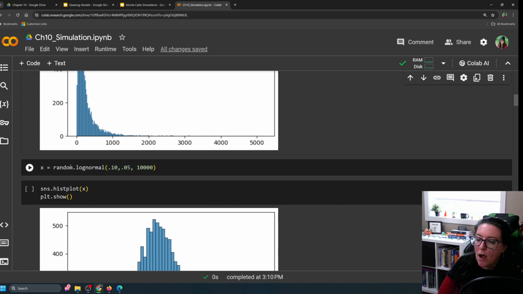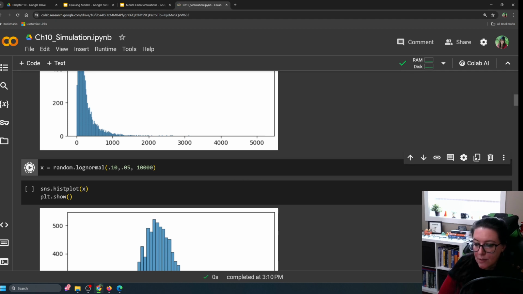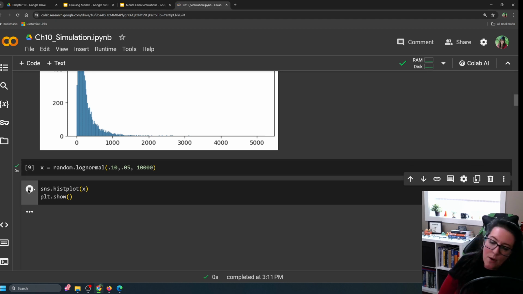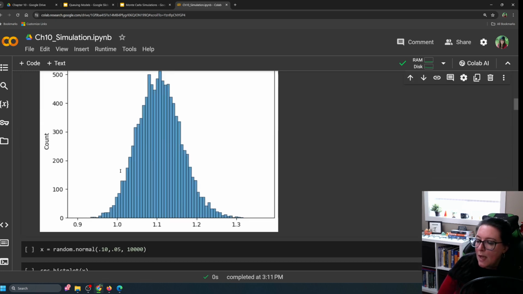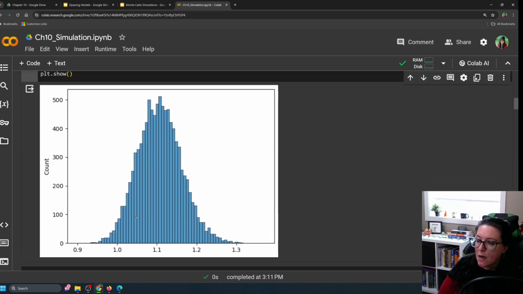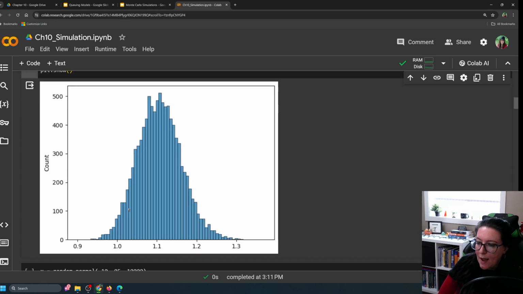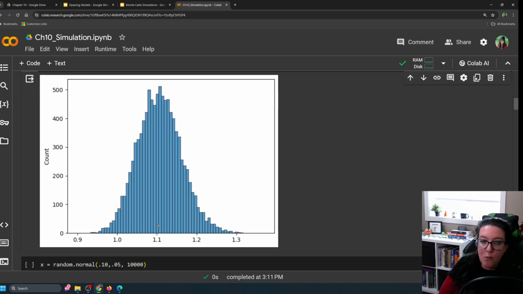So let's look at a log normal here where the average is 10%. The standard deviation is 5%. We're going to generate 10,000 data points. Plot it with a histogram. And so what you see here is that we have our growth rate here of 1.1 because that's a 10% growth rate. So we have the number and we're growing it by 10%.